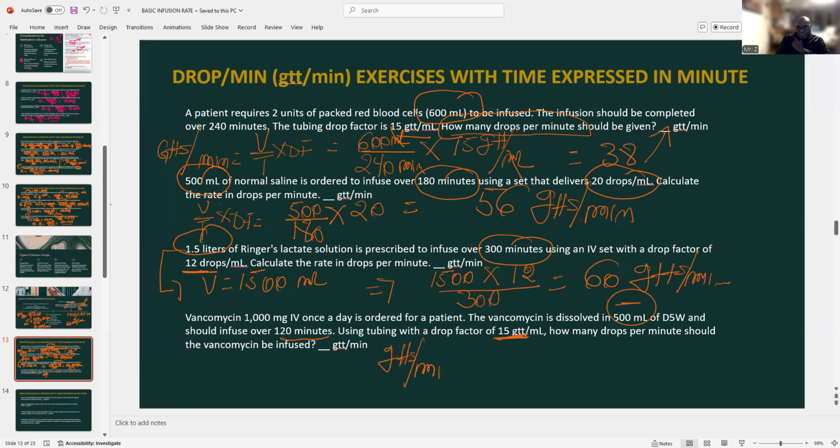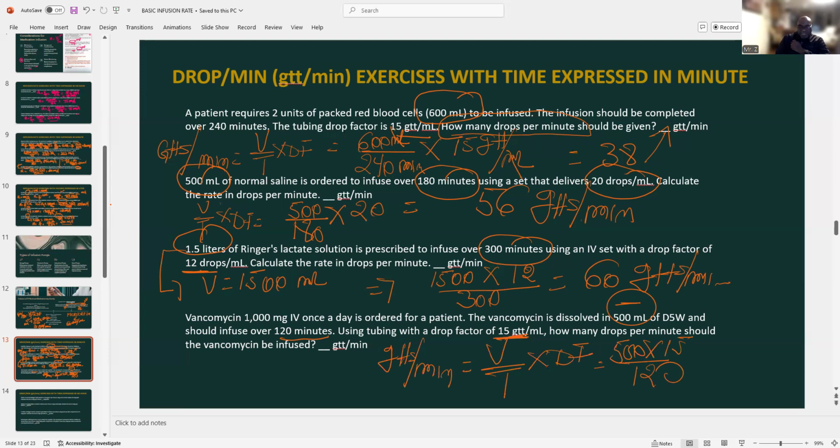So your GTT. I love to repeat this formula so it can sink in. You've got volume divided by time, you multiply by drop factor. Your volume must be in milliliters and your time must be in minutes. So right here, you will have 500 multiplied by 15 divided by 120.